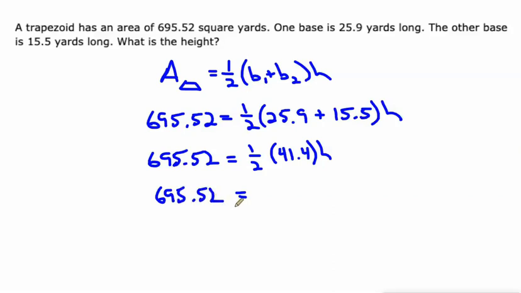So 41.4 divided by 2, or half of it, is 20.7. And then all we have to do to solve this equation is divide both sides by 20.7. So 695.52 divided by 20.7 is 33.6. So the height is 33.6 yards.